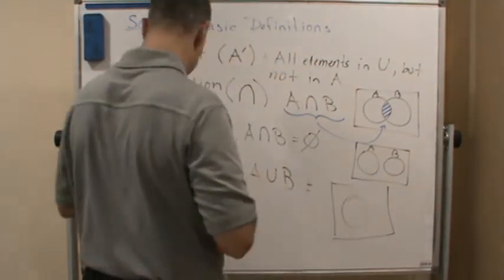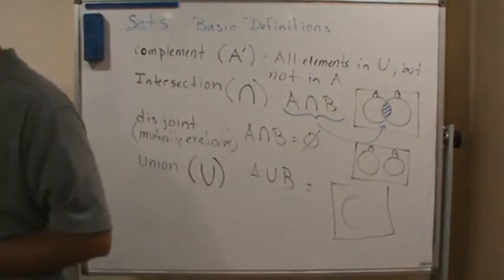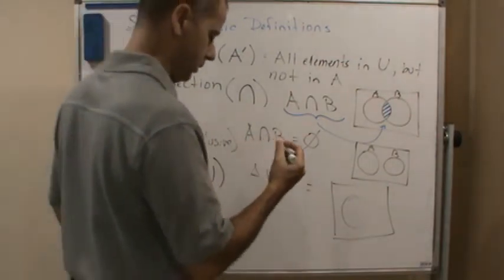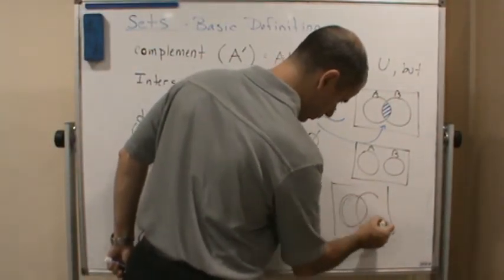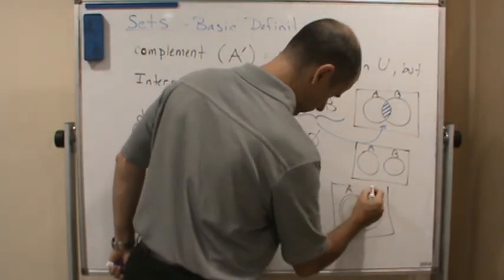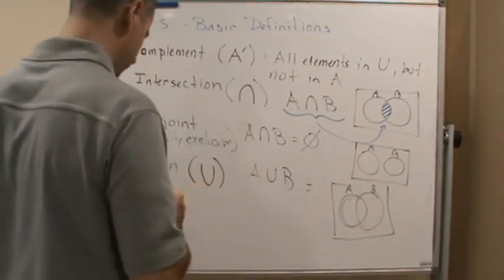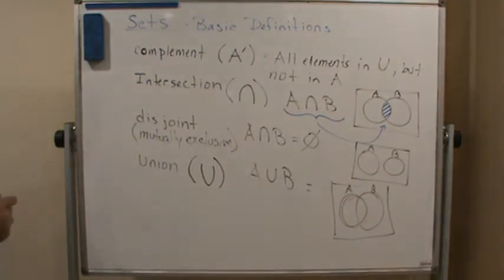What would it look like if I wanted the union of A and B?